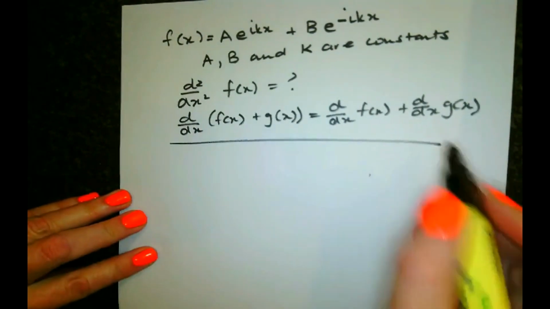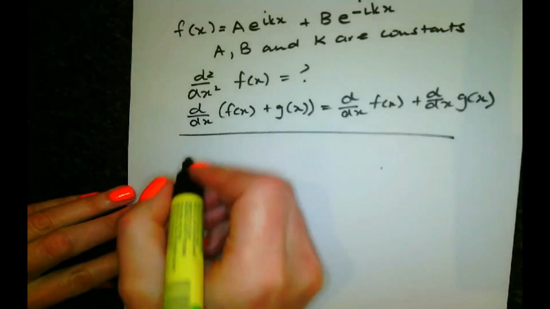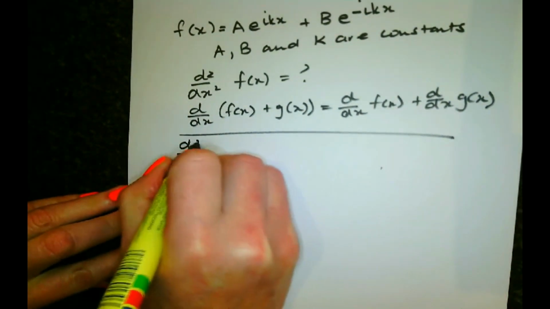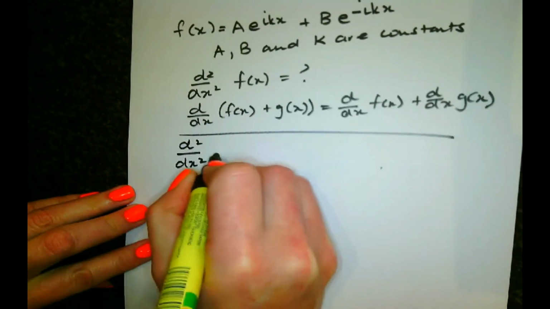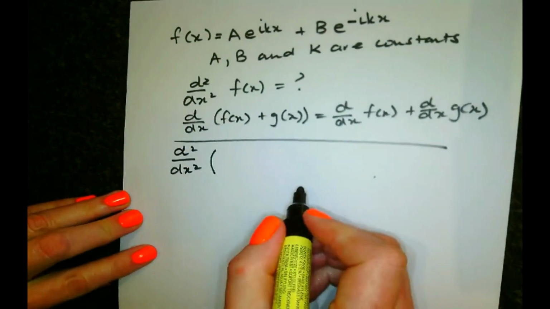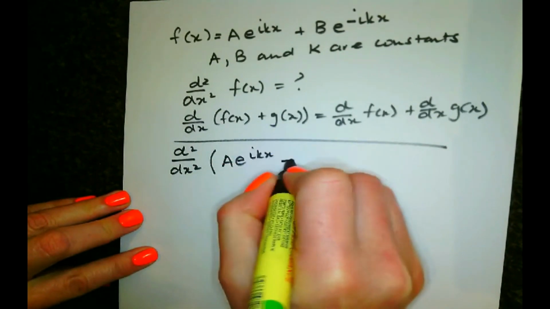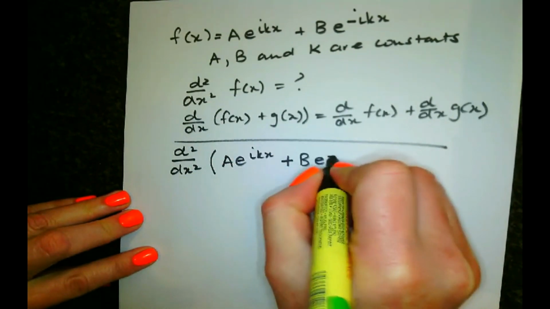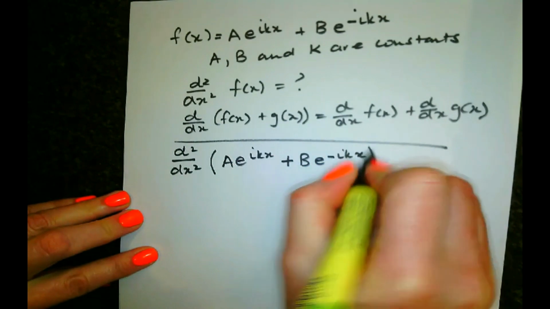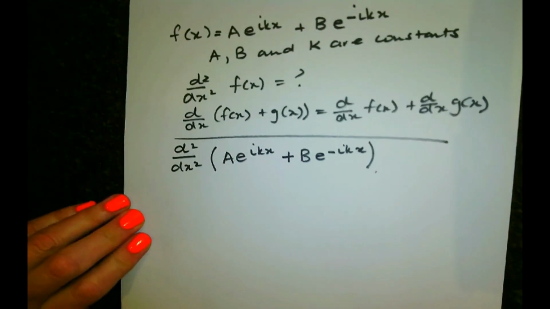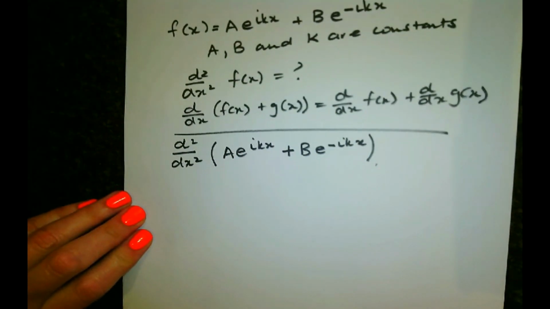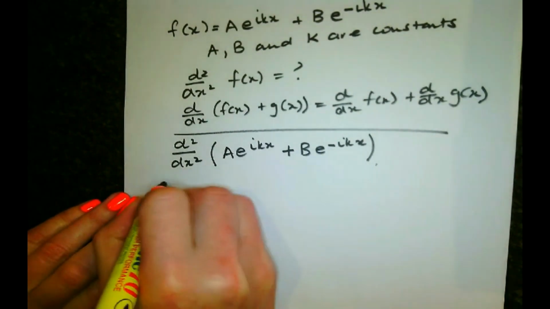So going back to our question, we want to calculate d squared/dx squared of our function, which is a e to the ikx plus b e to the minus ikx. So getting the second derivative is the same as getting two first derivatives.